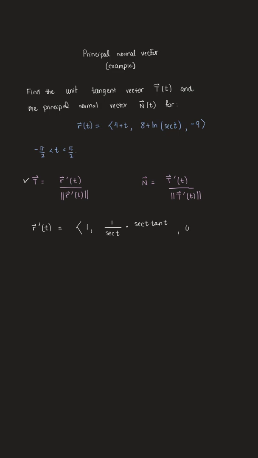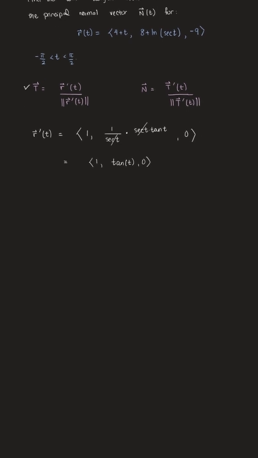And the derivative of negative 9 is 0. Let's simplify this a little bit and write it as 1. For our second component, we can cancel out secant, so we just have tangent of t, and our third component is 0.